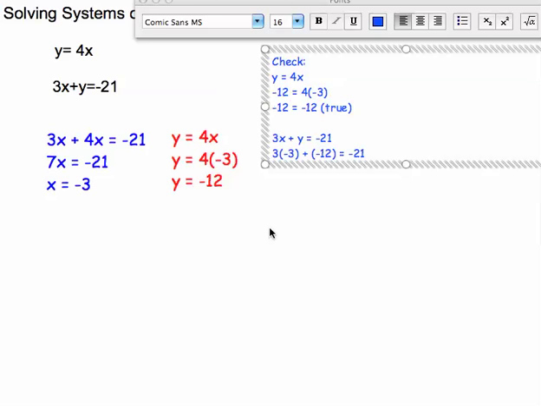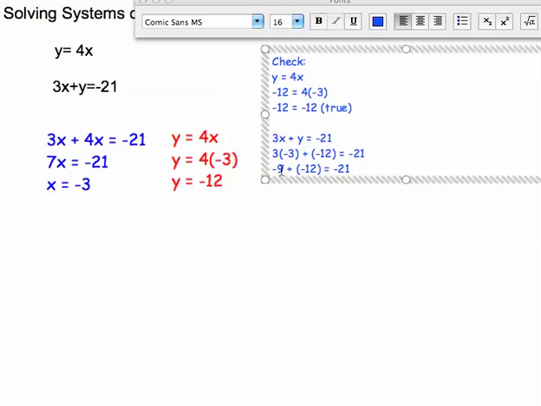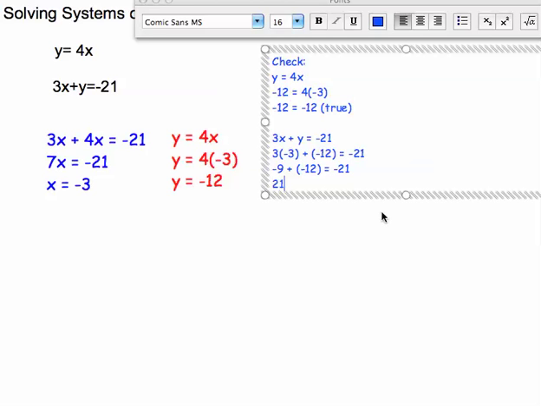And when I simplify the left side, I get negative 9 plus negative 12 equals negative 21. And if I know my integer rules, when I add two negatives, I just add the numbers and keep the sign. So it's negative 21 equals negative 21.